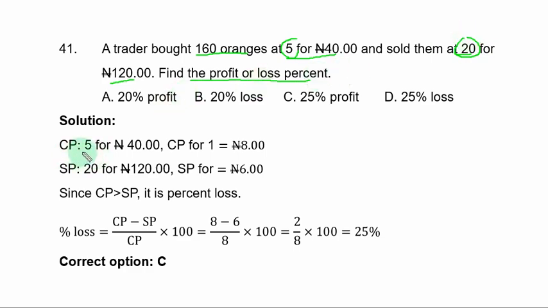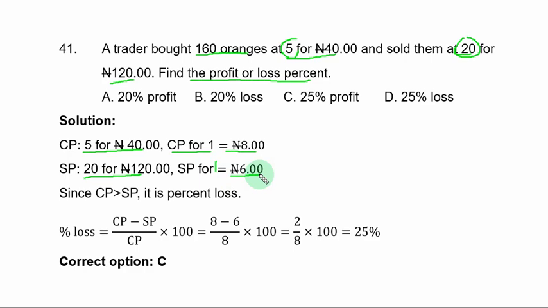So cost price 5 for 40 naira. It means cost price for one is 8 naira. Divide 40 by 5. Selling price 20 for 120 naira. Then selling price for one is 6 naira. That is 120 divided by 20.